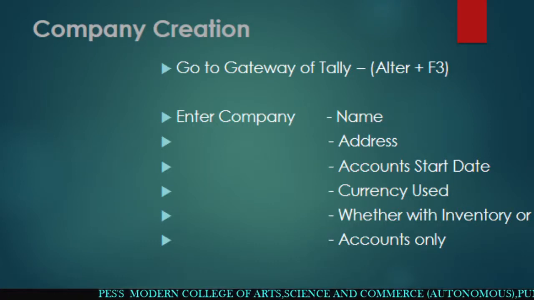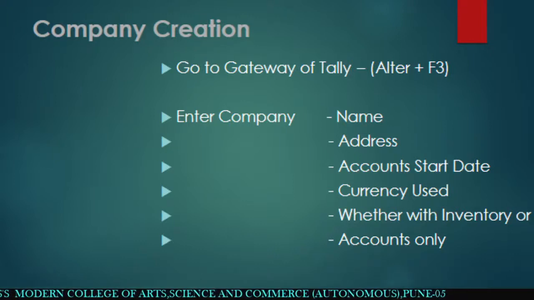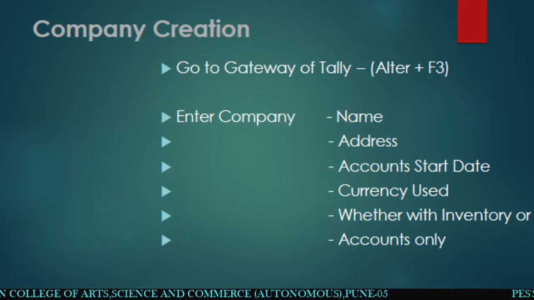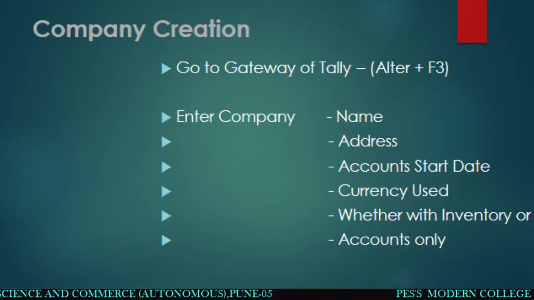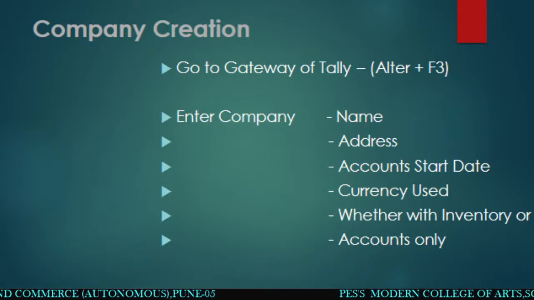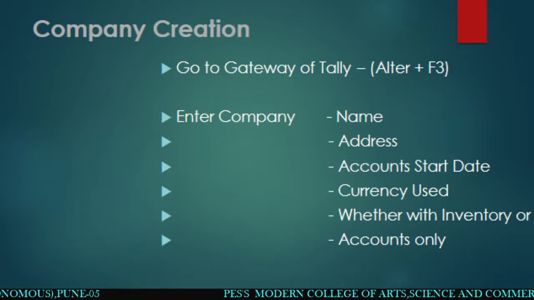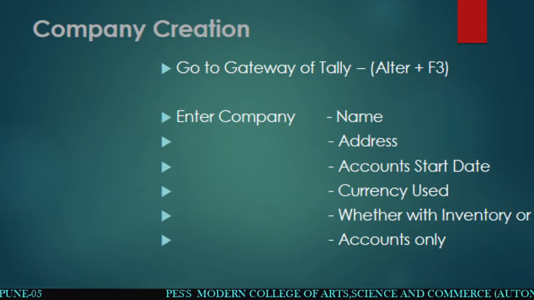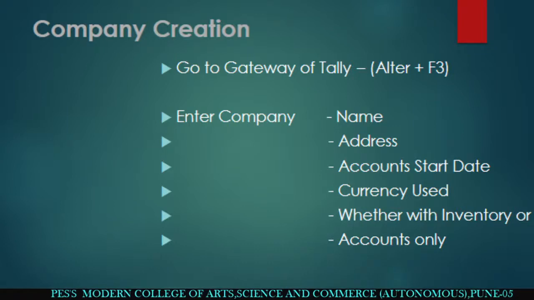Okay? Then which type of currency, suppose Indian currency is used, you have to give the currency used. Whether the accounts you are going to maintain in Tally are with inventory or not, you have to specify. Inventory means stock, whether you are maintaining stock in your company. If you are maintaining stock in your company, then you have to select the option with inventory.